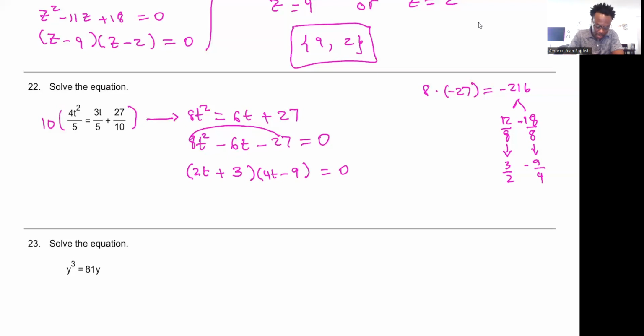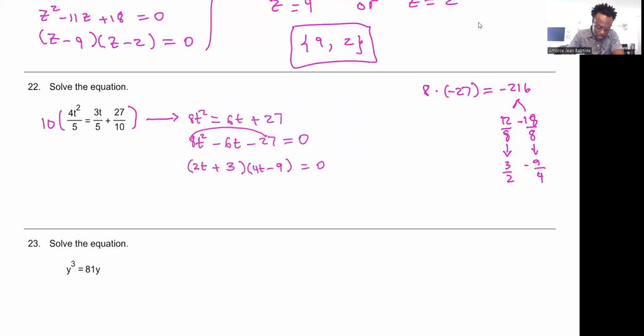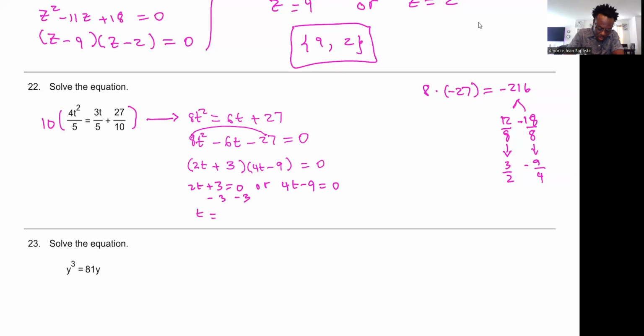So 2t plus 3 equals 0, or 4t minus 9 equals 0. Subtract 3 on both sides and divide by 2, so t equals -3 over 2. Add 9 on both sides and divide by 4, t equals 9 over 4.